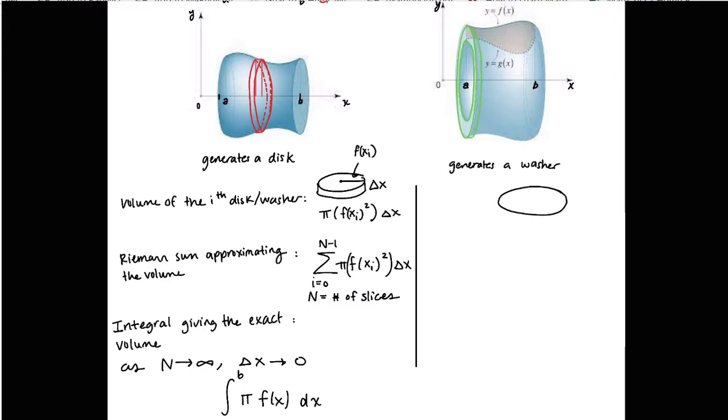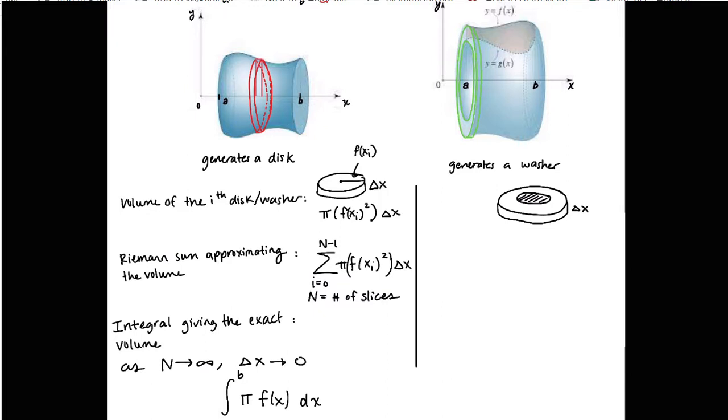The hardest part is going to be finding the actual area of the washer. The thickness is still a delta x. We know that dimension. The problem is now I'm going to shade this in black to remind you that this area that's shaded in is not actually part of the area we want to compute.